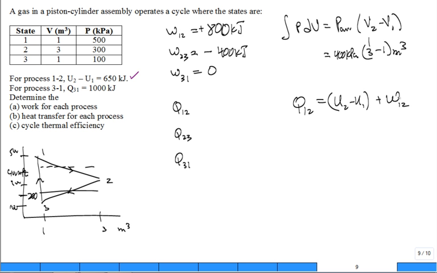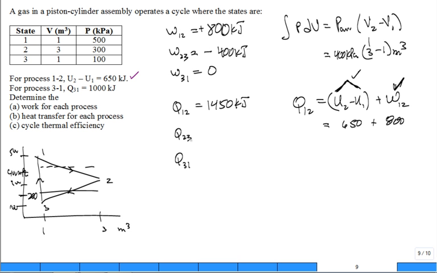And then I looked at, hey, I just calculated the work 1 to 2. If I was given this information, I can get Q1 to 2. And there it is. So we have 800 plus 650. That's the hard part. Is that 1450 kilojoules? Yes, no, or maybe? All right, so it's 1450 kilojoules.